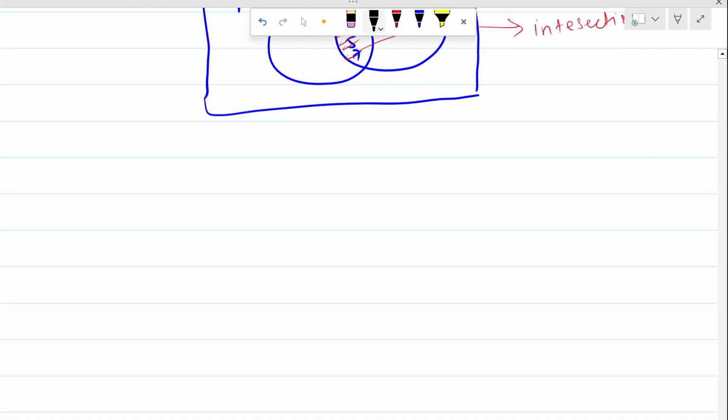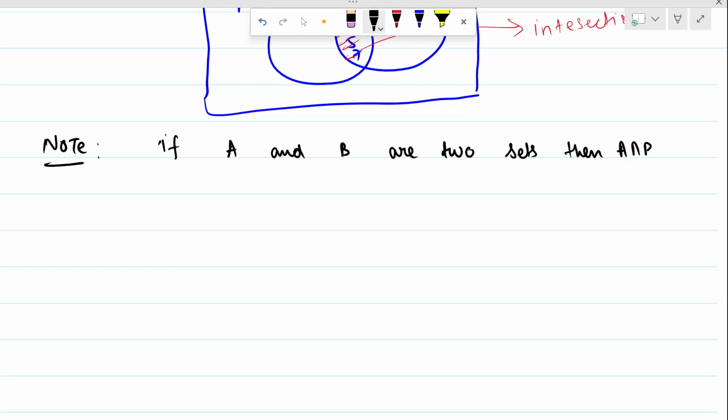So we have a note here. If A and B are two sets, then A intersection B is phi, then A and B are called disjoint sets.